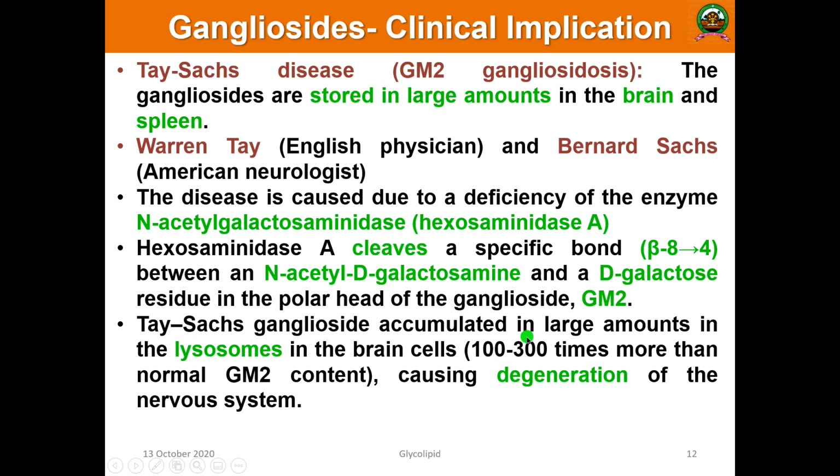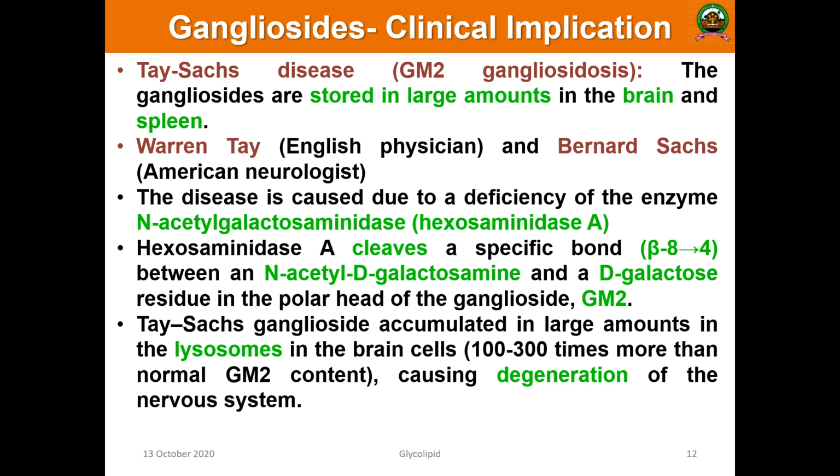It accumulates in large amounts in the lysosomes of the brain, approximately 300 times more than the usual content of GM2, which causes the degeneration of the nervous system. This condition is known as gangliosidosis.